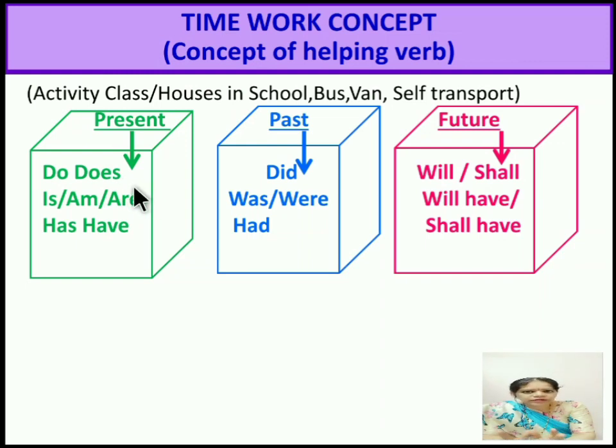Like if you wear a green uniform, it is for sure that you are from the green house. If you are wearing a blue uniform or blue t-shirt for that house, for that activity, then it is for sure that you are from that blue house. So for past tense, you should see did, was, were and had.